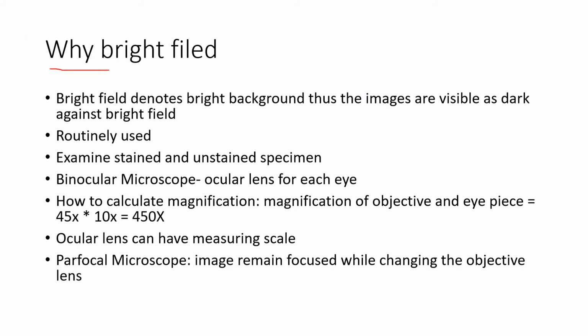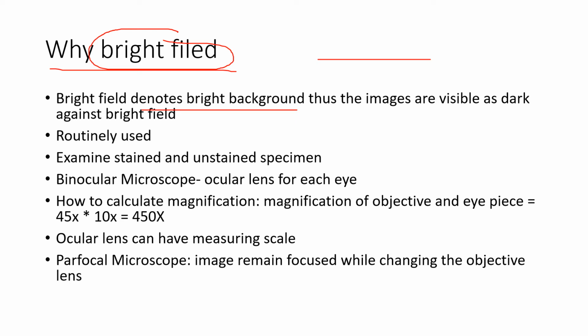Now, why are we saying bright field microscopy? Bright field microscopy is denoted by a bright background, and the images are visible as dark images on it. Why do we get a bright field?